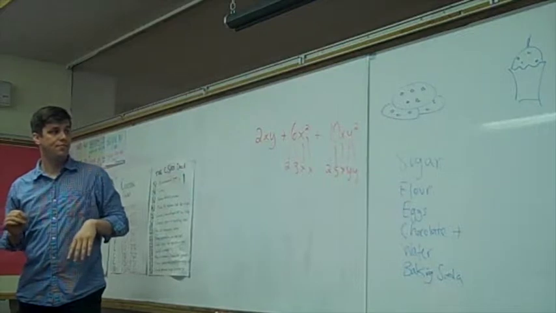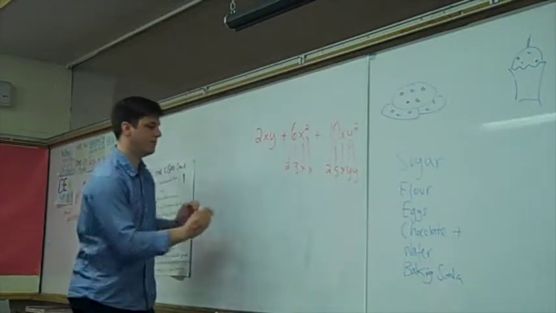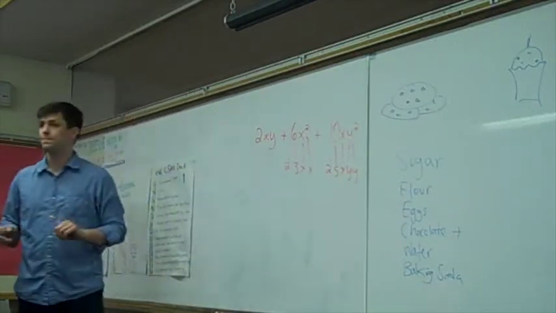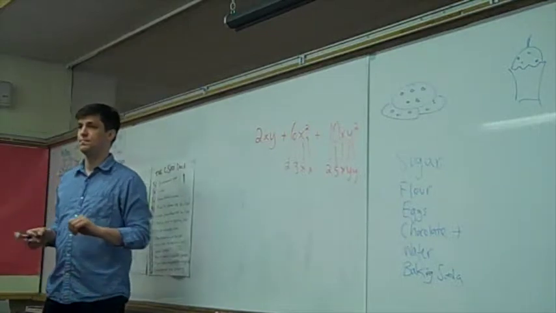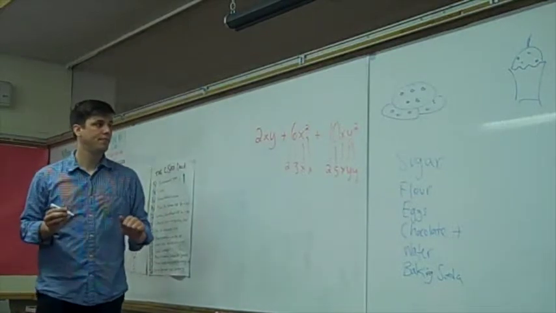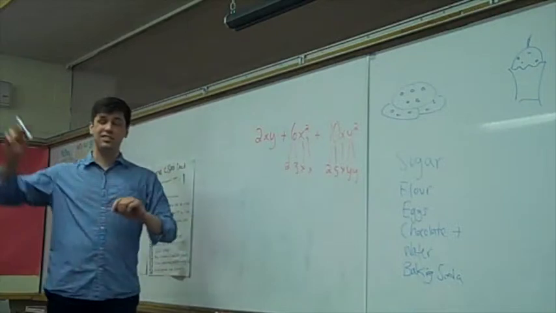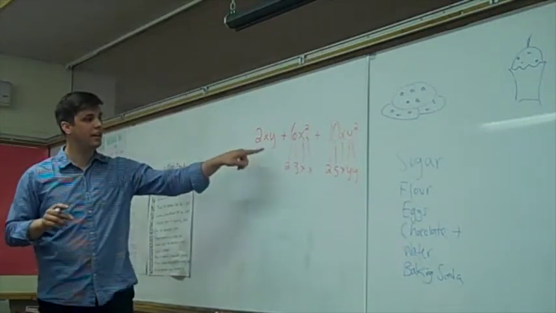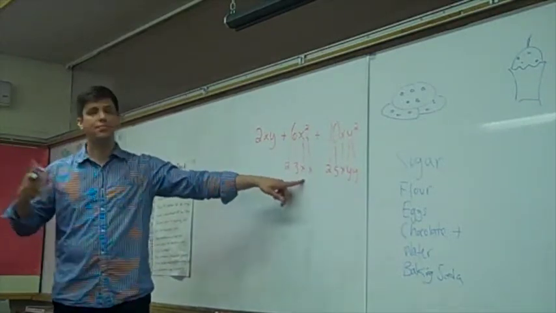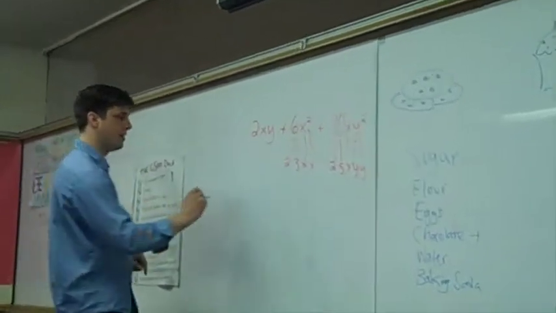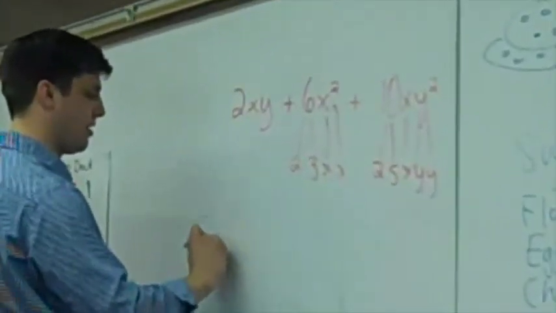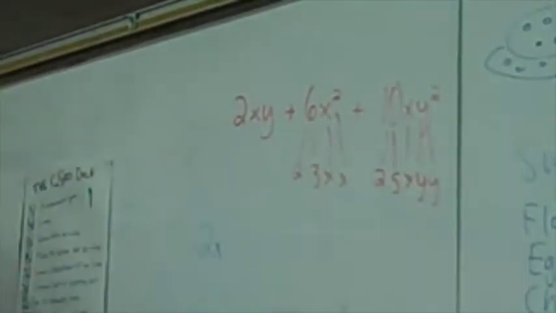Laura? They all have a 2. What else? Sawyer? They all have an x. They all have at least one x. There's one x here. There's at least one here. And then there's at least one here. What else do they all have in common? Anything?